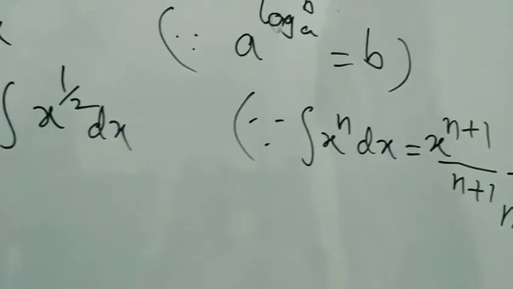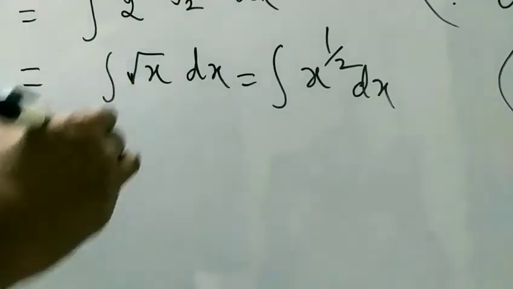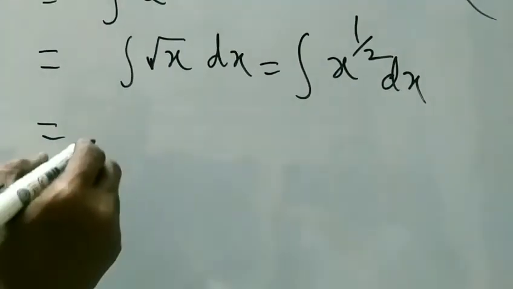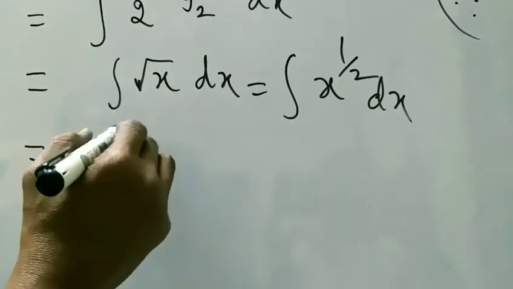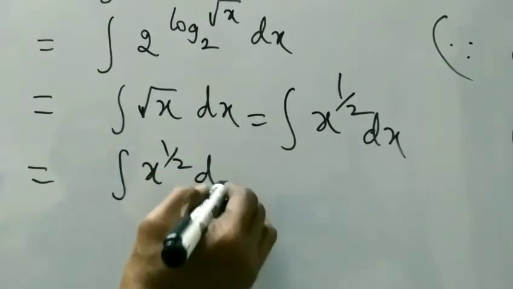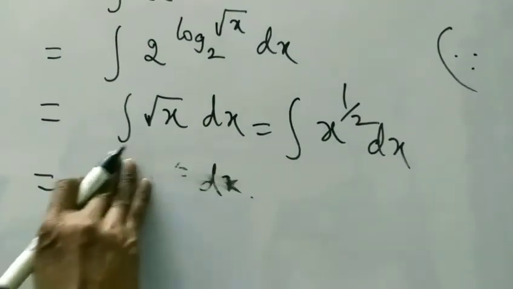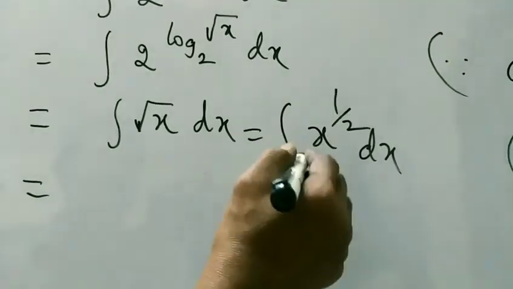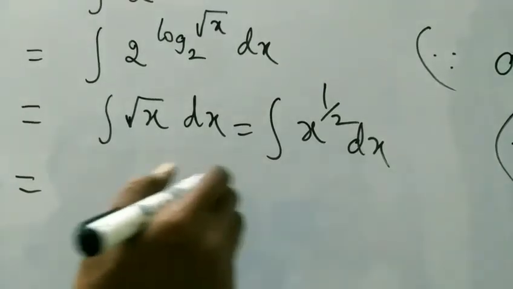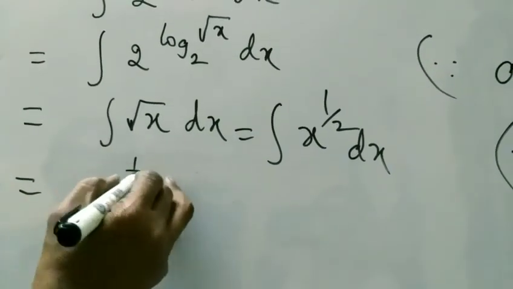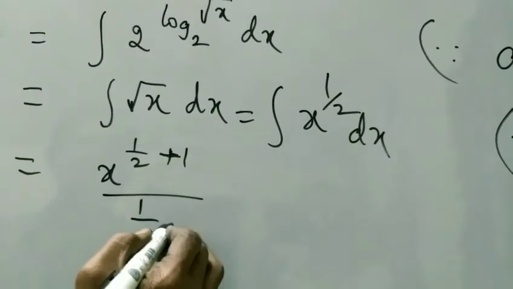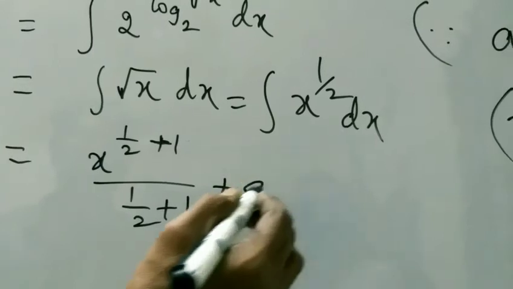So the integral of x to the power of 1 by 2 dx becomes x to the power of 1 by 2 plus 1 by 1 by 2 plus 1 plus c.